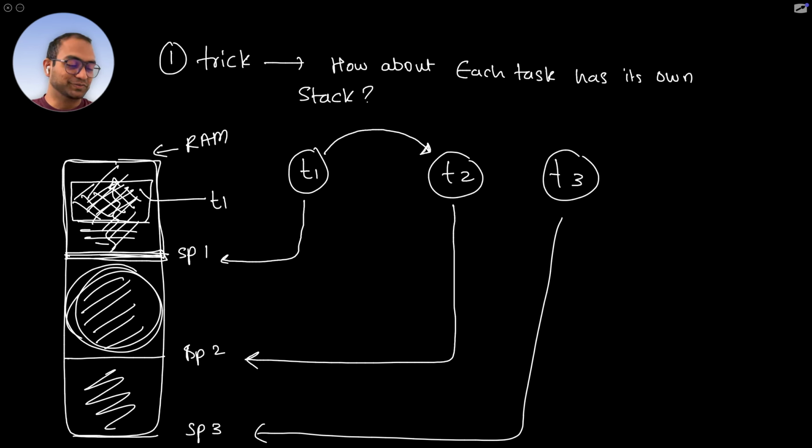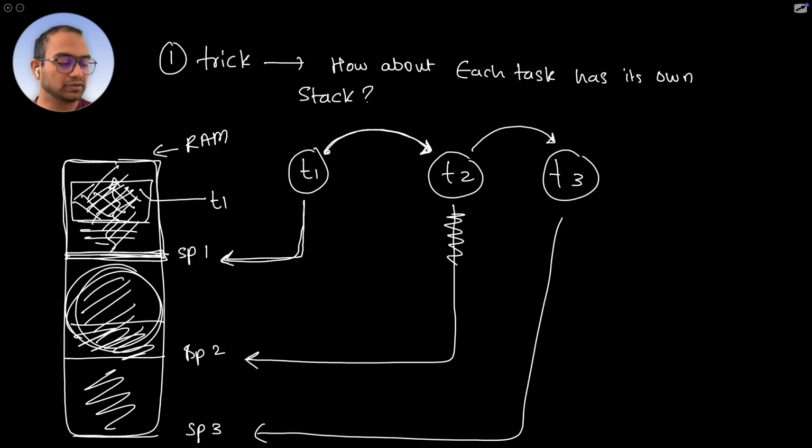What I meant was the CPU registers will be saved on the stack for task 1, and then it switches to task 2. Task 2 then executes its own thing and has its local variables here. And when the CPU is jumping to T3, we can have the CPU context saved on the stack for task 2.